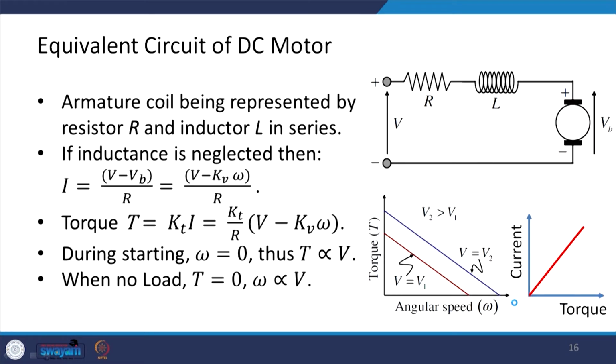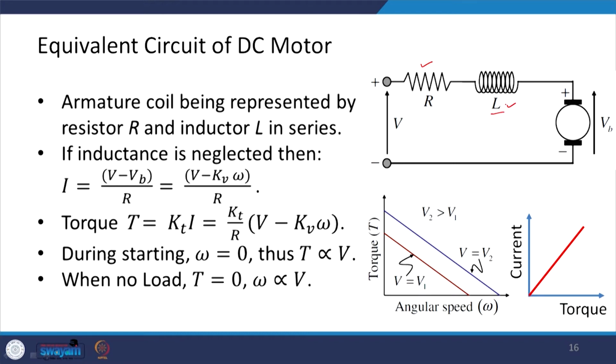Now, let us look at the equivalent circuit of the DC motor. The armature coil is represented by a resistor and an inductor in series, since the armature coil has a certain resistance and a certain inductance.